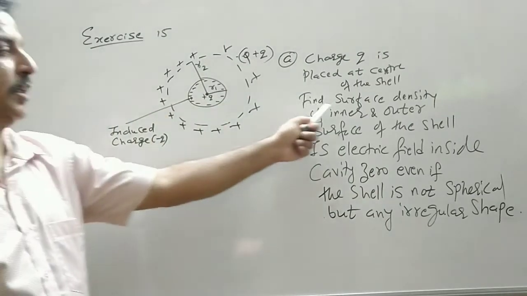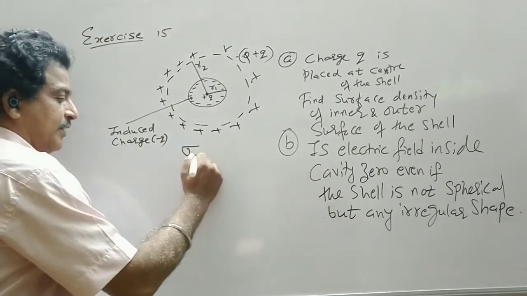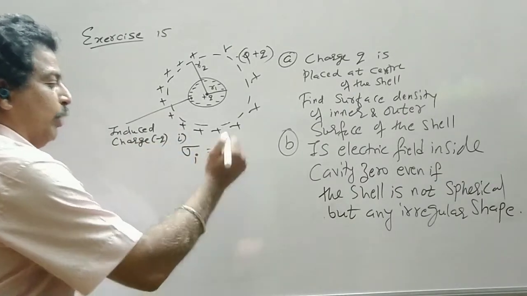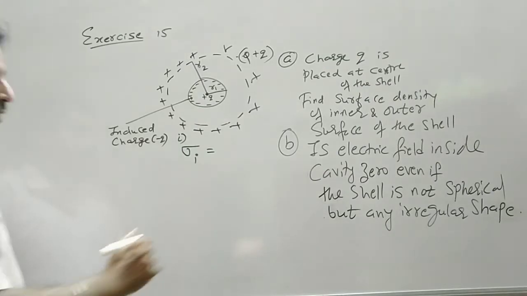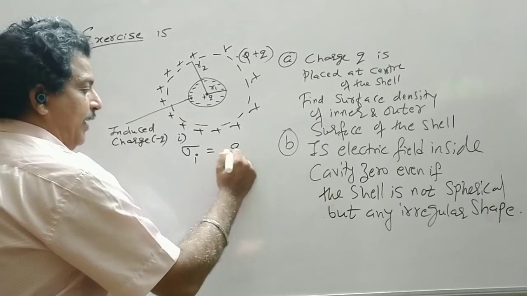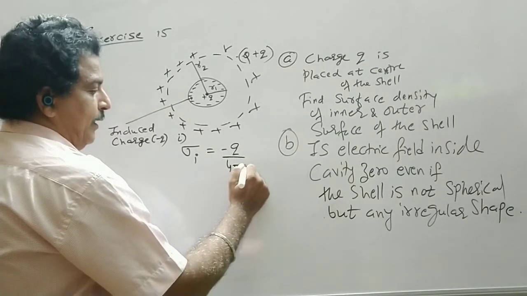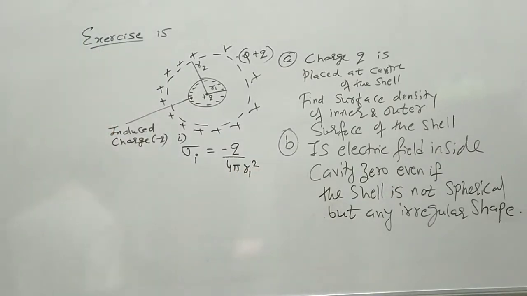Now you have to find out the surface density of the inner sphere. Now we know that for the surface, let it be sigma I. So sigma I will be equal to the surface charge density, charge upon area. So it becomes minus q upon 4 pi r1 square.